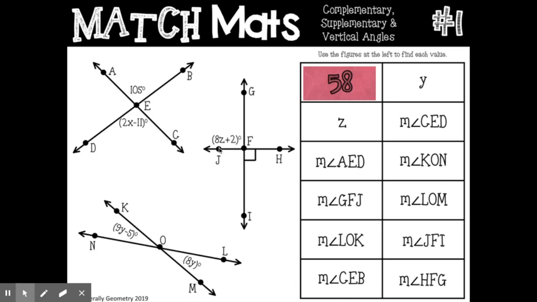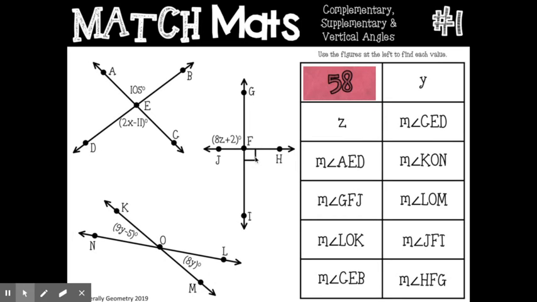And I see 8z plus 2 right here. So now we need to figure out how we can solve for z. Well, we have this angle right here. We know that it's 8z plus 2. And we know that this angle right here makes a linear pair, but we don't have anything for f.